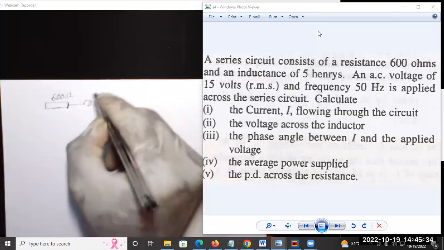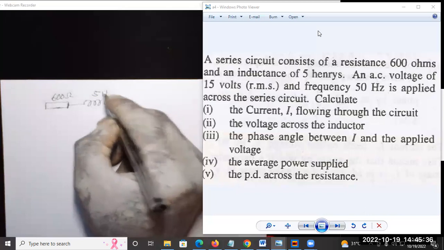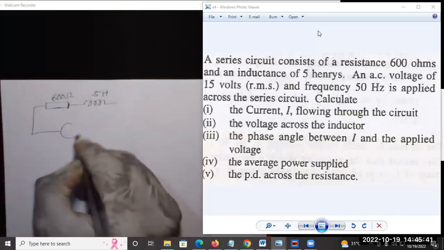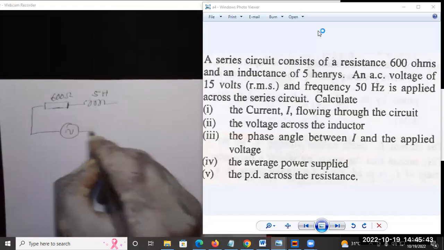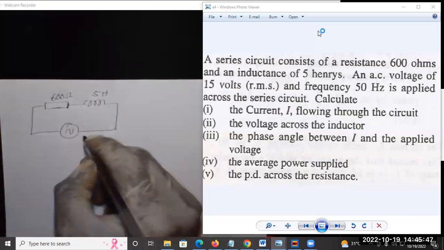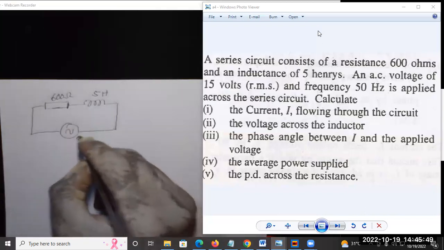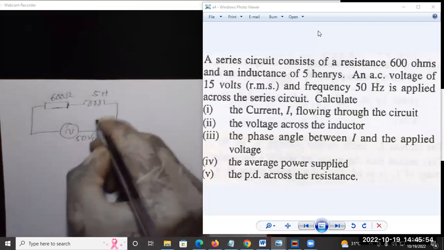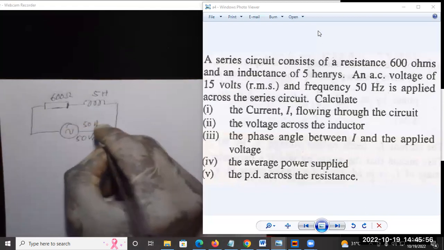The inductor is 5 Henry. The connection is made to an AC source. The voltage is 50 volts, root mean square value, and the frequency is 50 Hz.